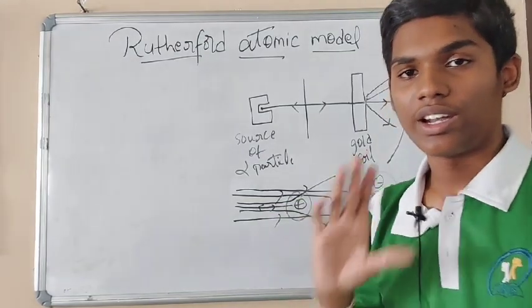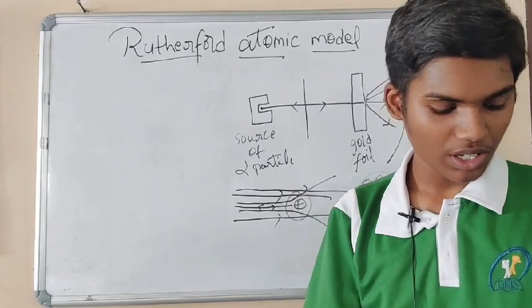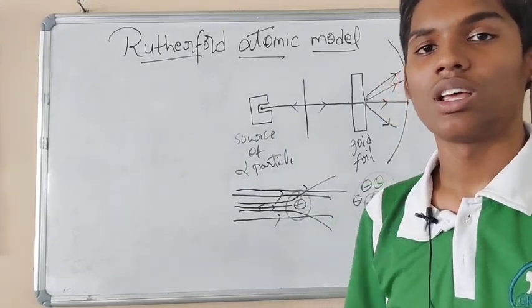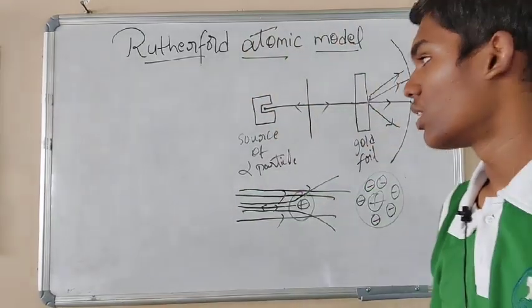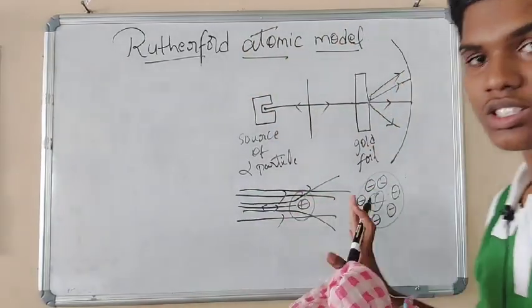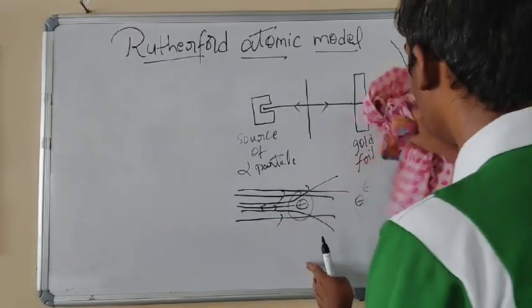Now, let us compare the radius of the nucleus and the radius of the atom. This is the experimental structure of the Rutherford atomic theory.